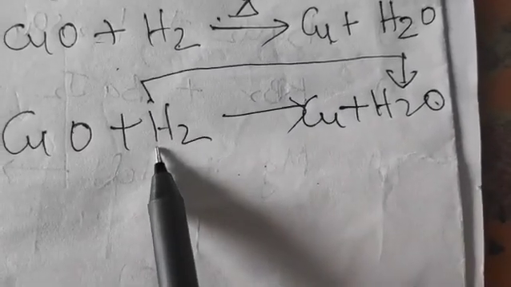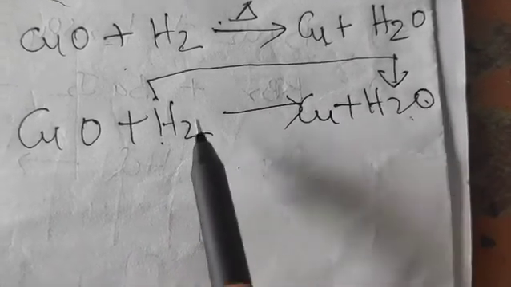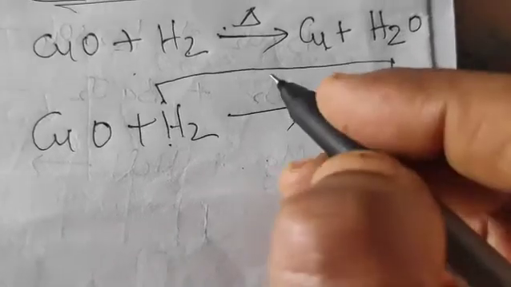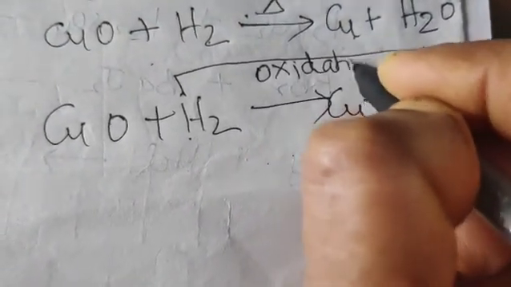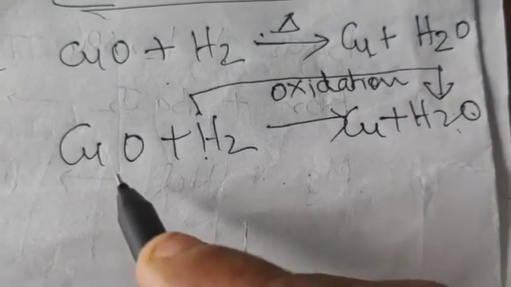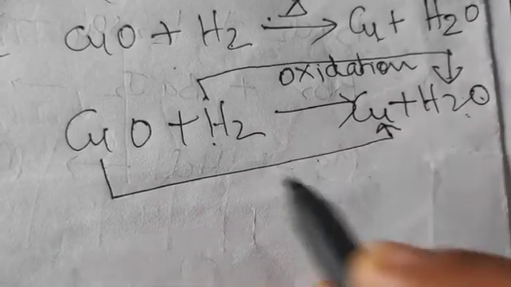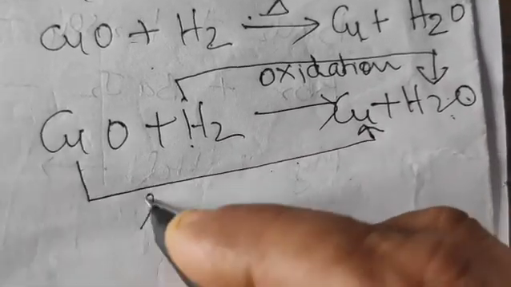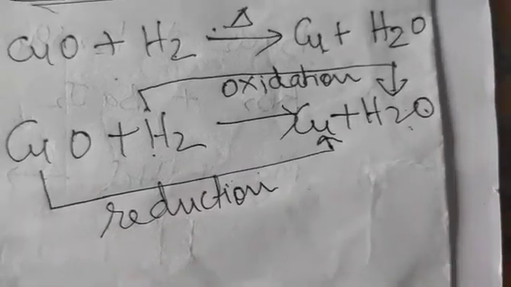See, to hydrogen oxygen is added, so it will become water. So this is the addition of oxygen taking place. So this part of the reaction is called oxidation reaction. On the contrary, here oxygen was there, but now it is not there. So the process in which oxygen gets removed is called reduction.